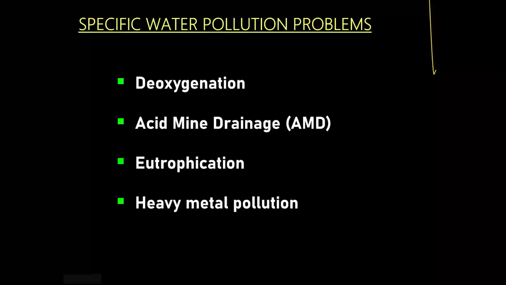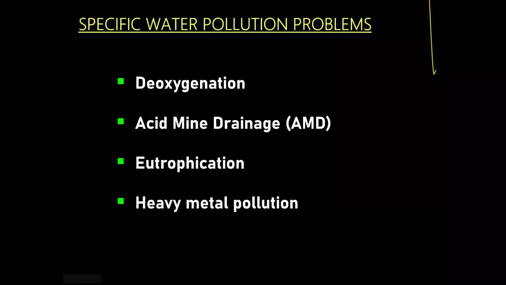Then heavy metal pollution. If heavy metals from your processes are released into the environment, even if you have arsenic in the environment, you know how much it can affect that environment. And they are poisonous.